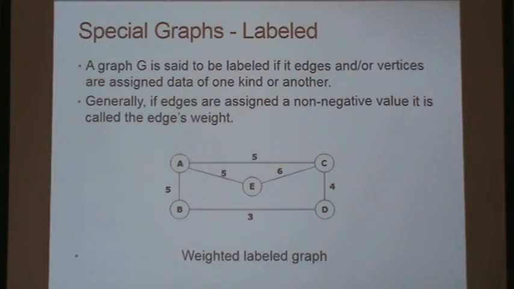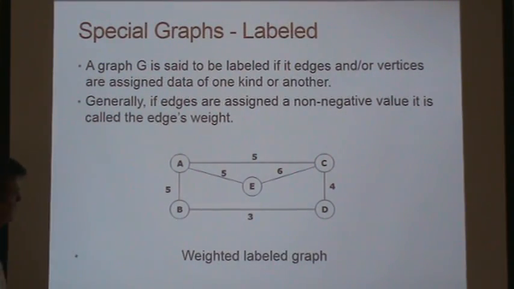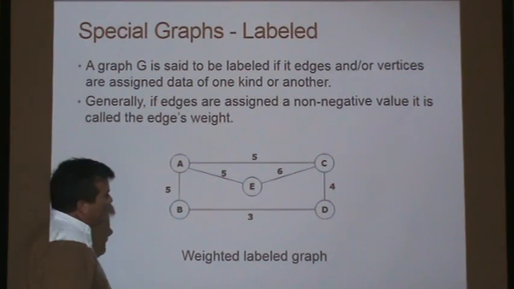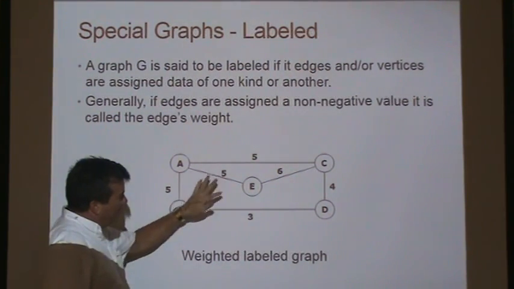Okay. Then we have the idea of labeled graphs. We can label the vertices, and we can label the edges in some meaningful way. We would then have a labeled graph. What's pretty common is to label the edges with values.